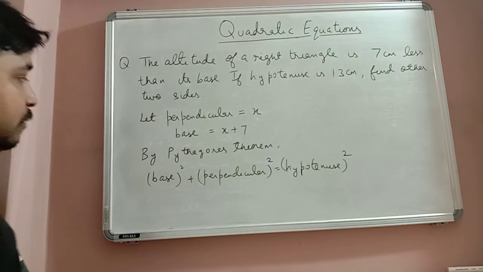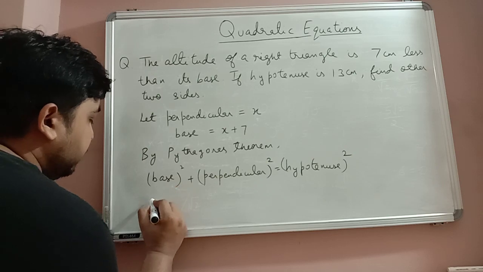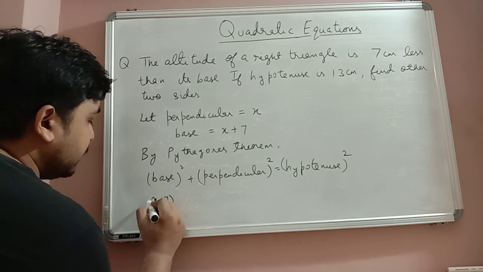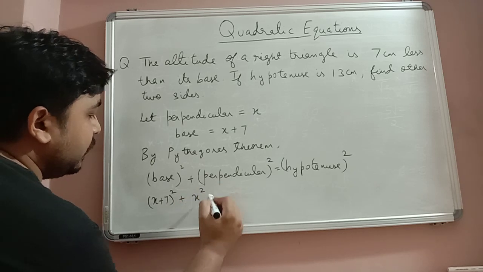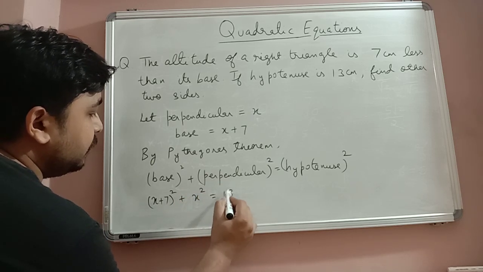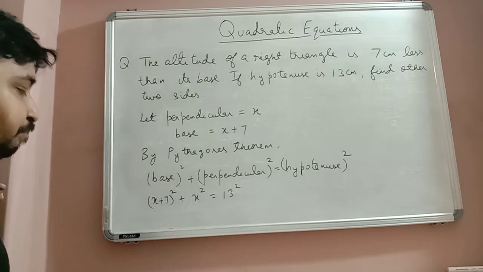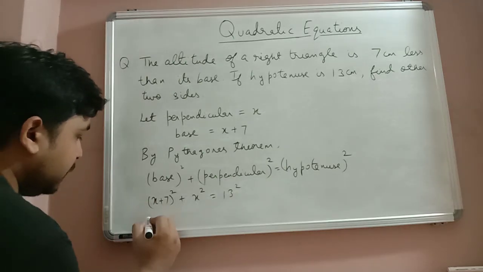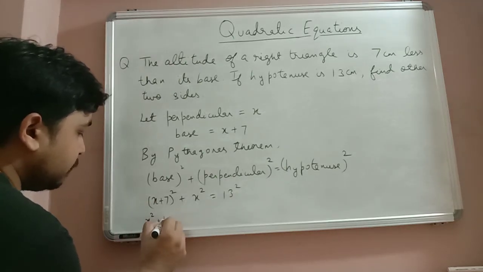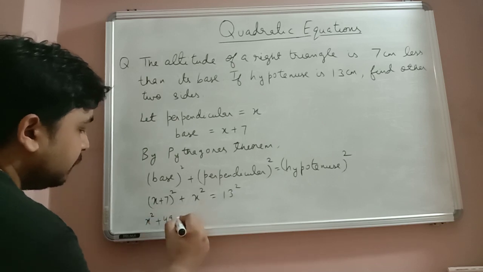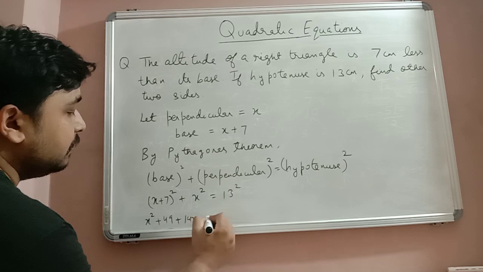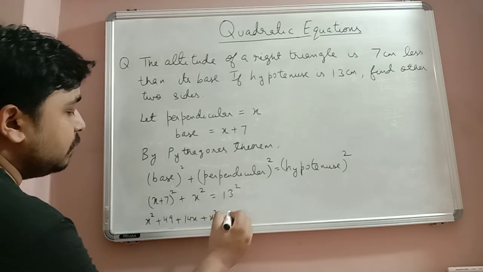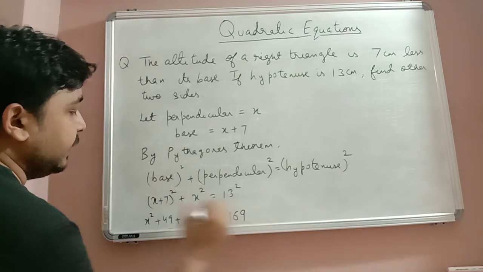So let's put it in the equations. Base is x plus 7, so x plus 7 whole square. Perpendicular is x square equal to the hypotenuse, that is 13 square. On further solving we will get x square plus 49 plus 14x, we will apply a plus b whole square here, plus x square equals to 13 square, that is 169.